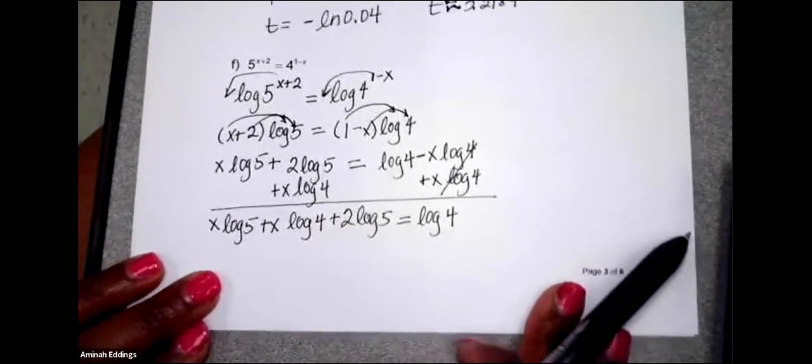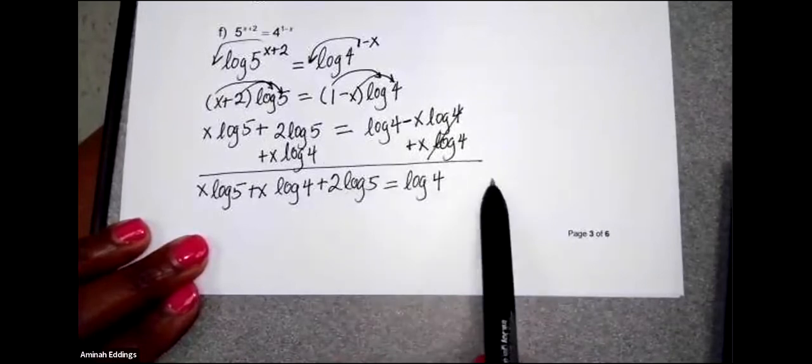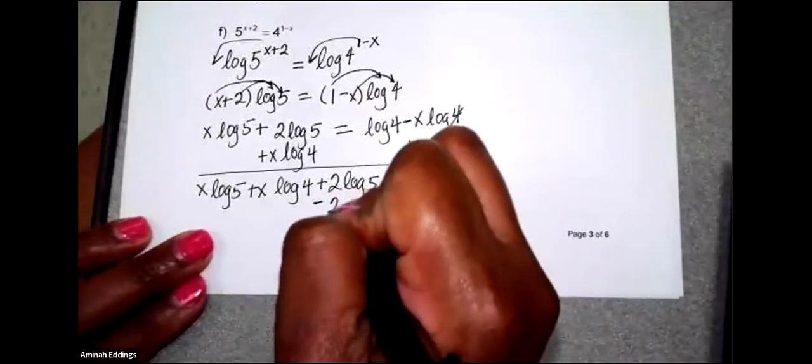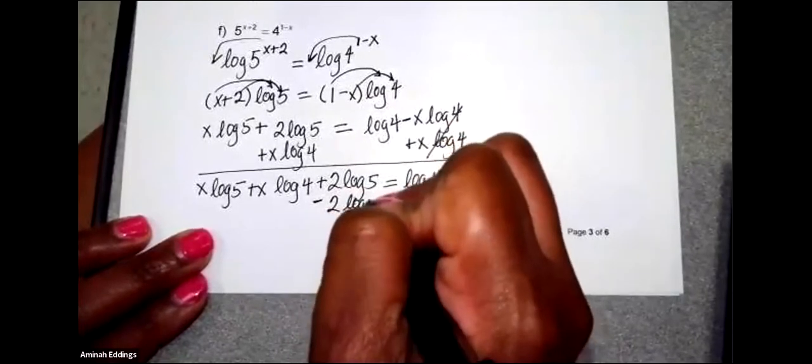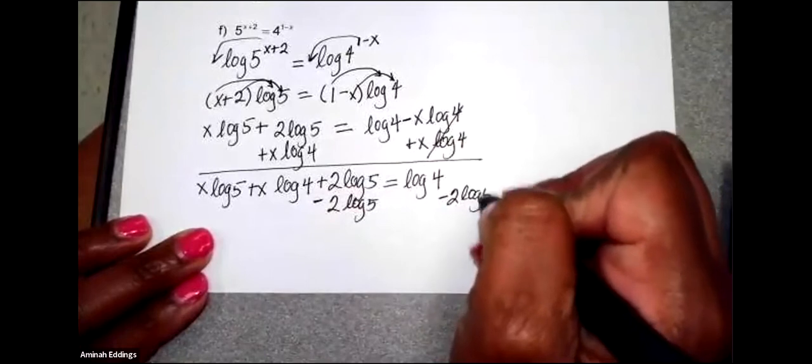Okay. All right, now I'm going to move this constant over. So I'm going to subtract it. So minus 2 log 5.